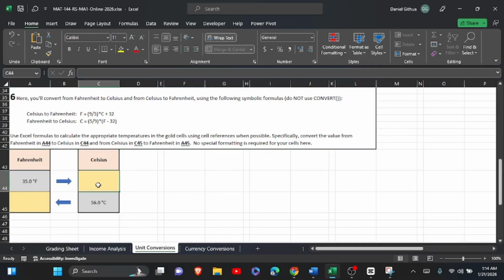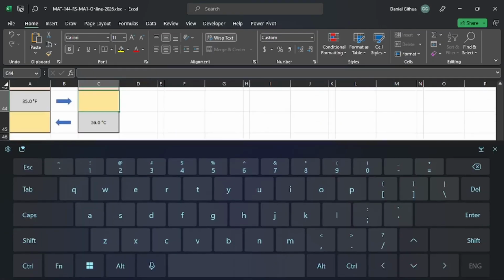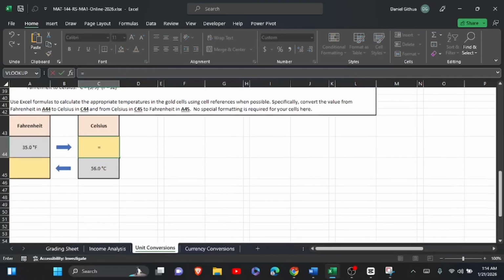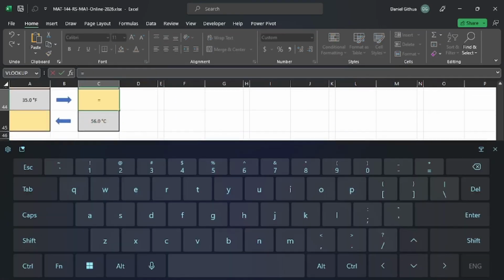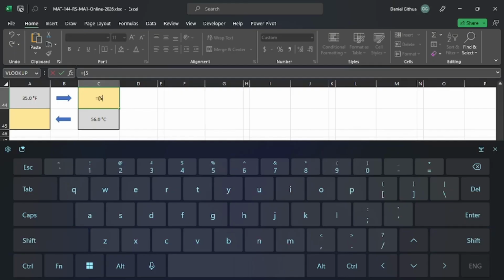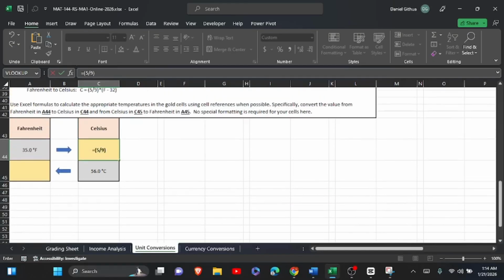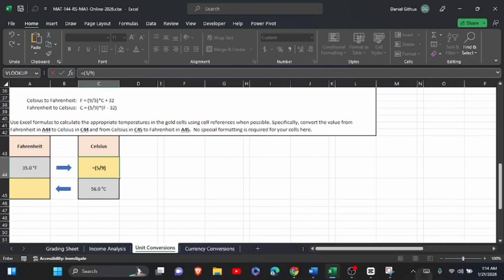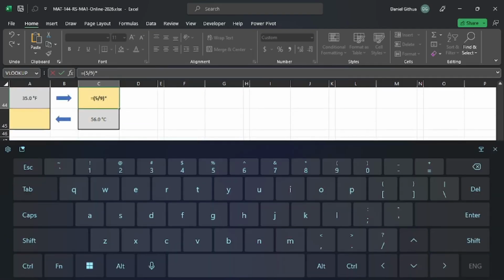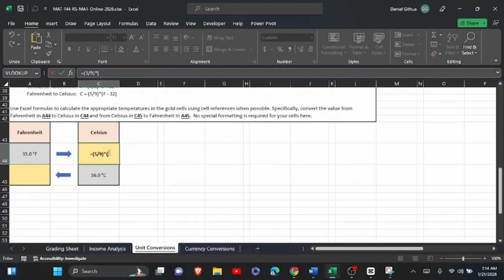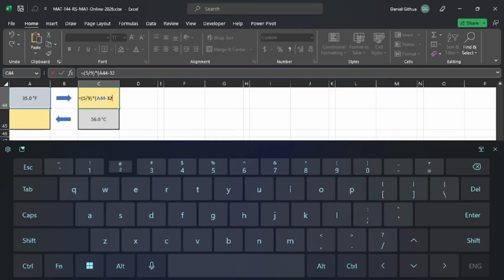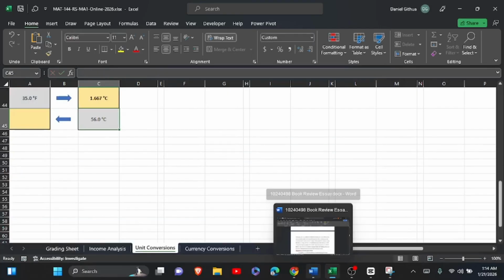So we just write is equals to bracket 5 over 9, multiplied by bracket Fahrenheit, which is this one here, minus 32, closing the bracket.